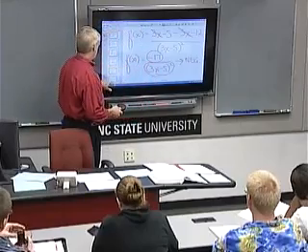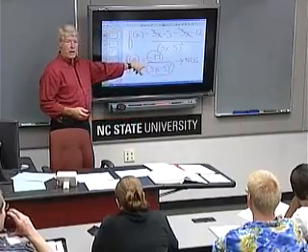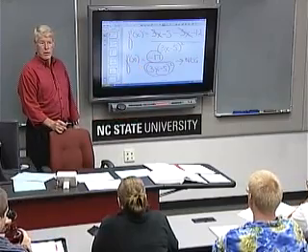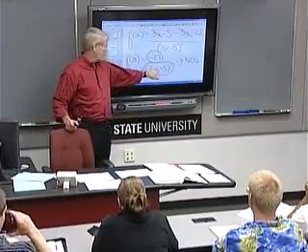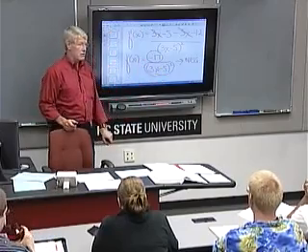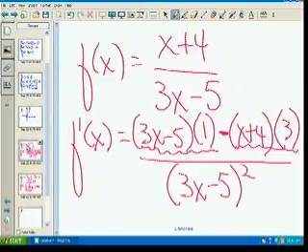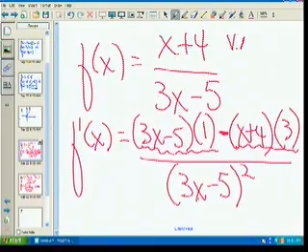So let's go back to this original function. Any questions about just the use of the quotient rule before we try to make a rough sketch based on what we now know? The derivative is negative. Let's go back to the original function, which is this. Any vertical asymptotes here? Any bad values for x that we have to steer clear of? 5/3. 5/3?